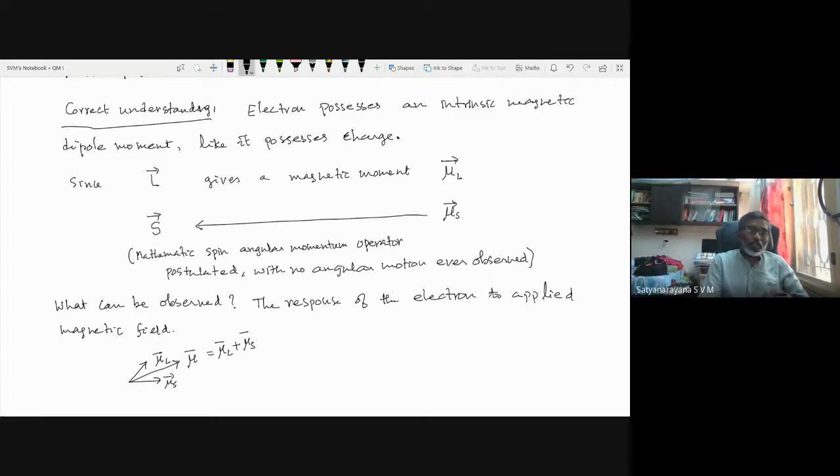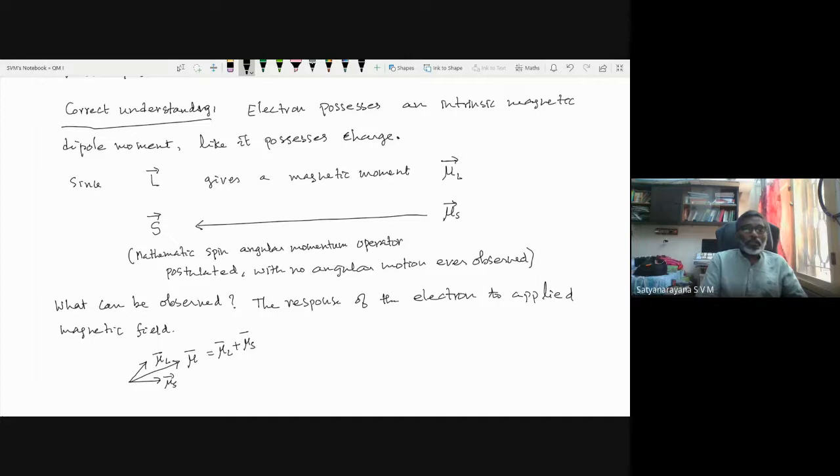S is a mathematical spin angular momentum postulated because of the existence of an intrinsic magnetic dipole moment for fundamental particles like electrons.